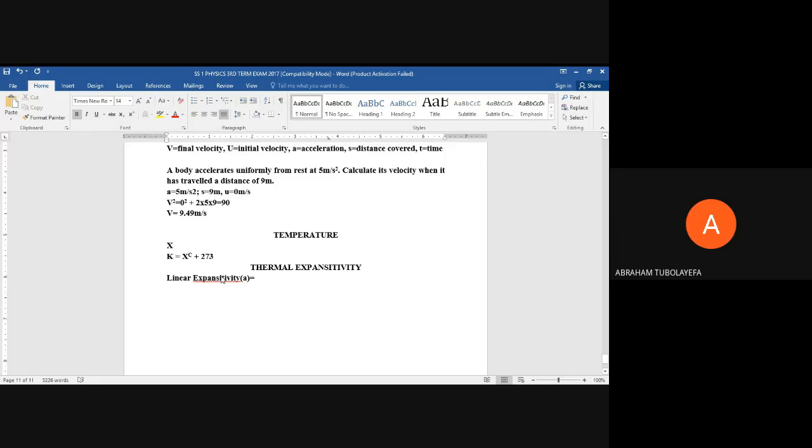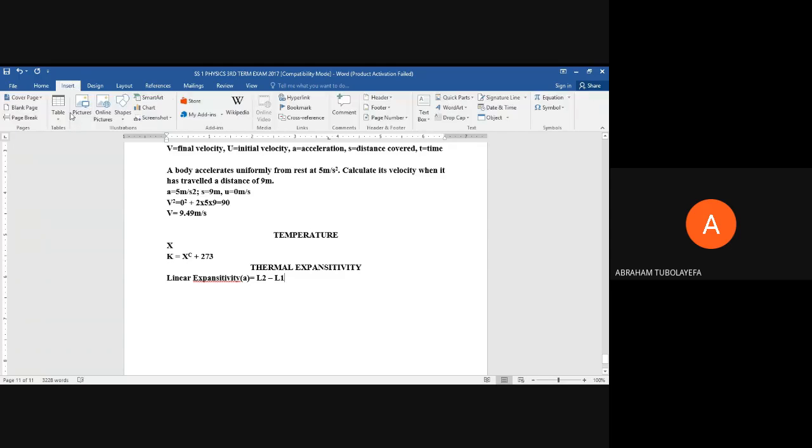Alpha is the change in length, that's L2 minus L1, divided by. Let me see if I can write it in an equation form.